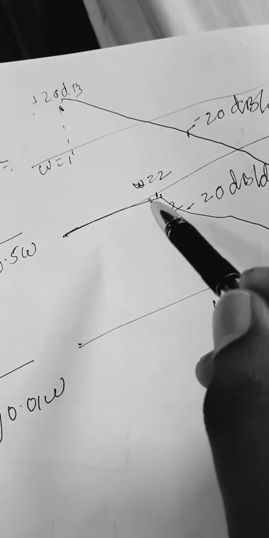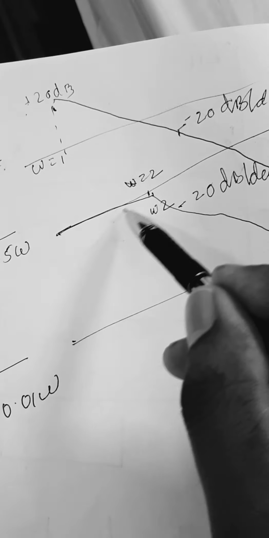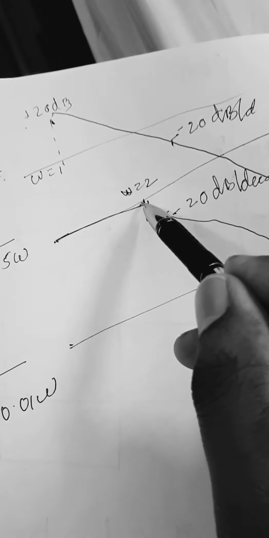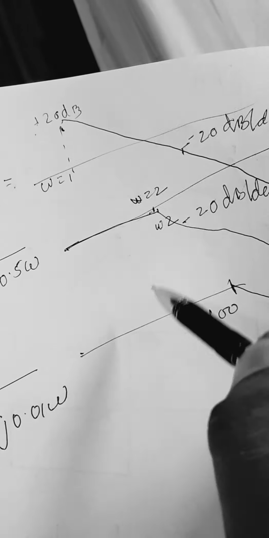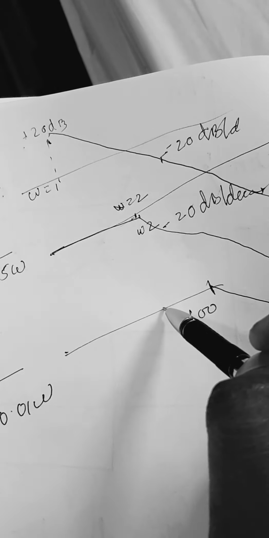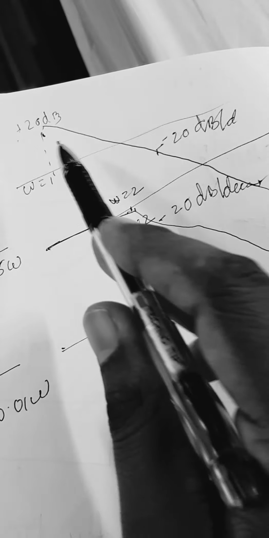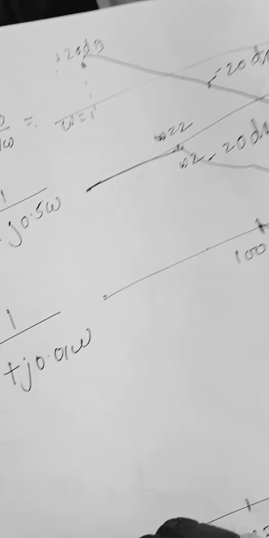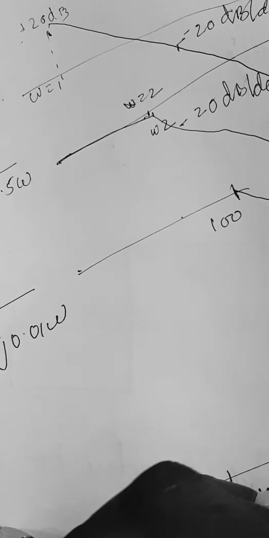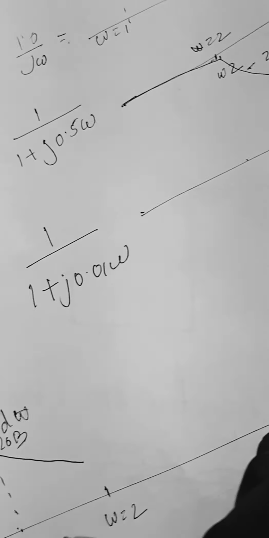Then till omega is equal to 2, the second term gives 0 and the third term also gives 0. So only the first term contributes, giving minus 20 dB till omega is equal to 2.